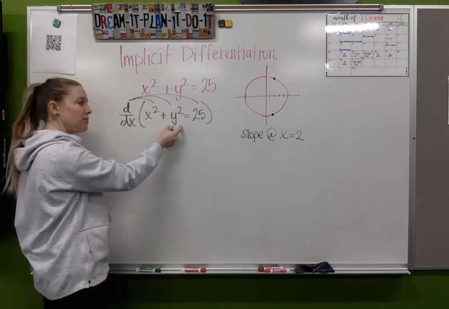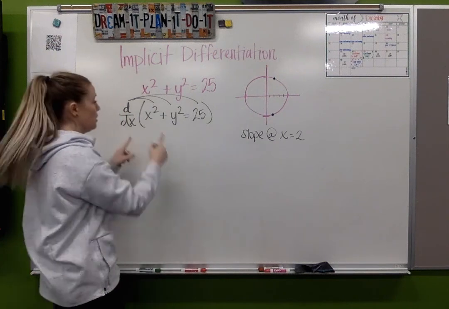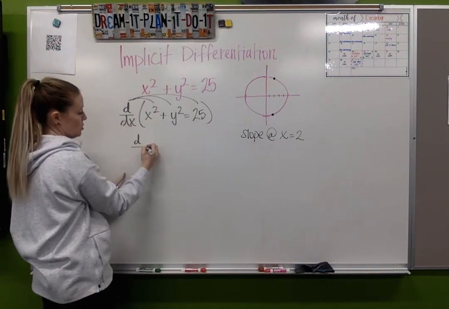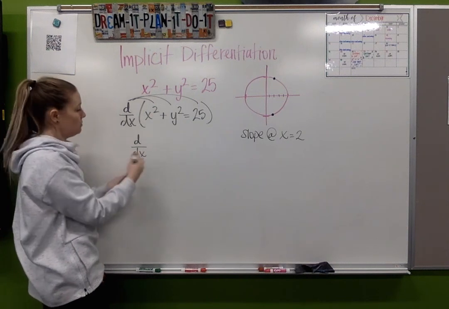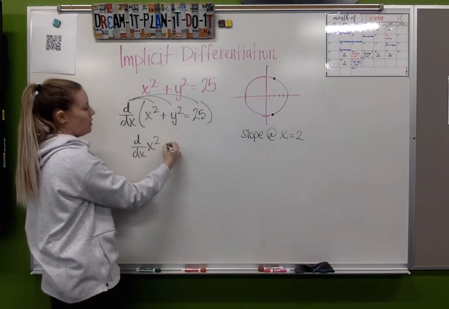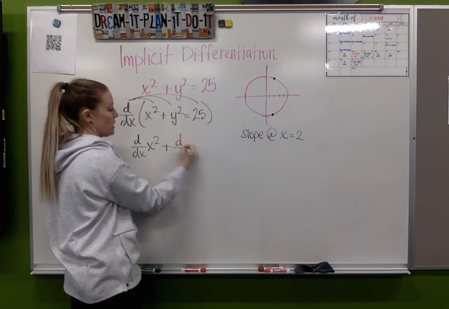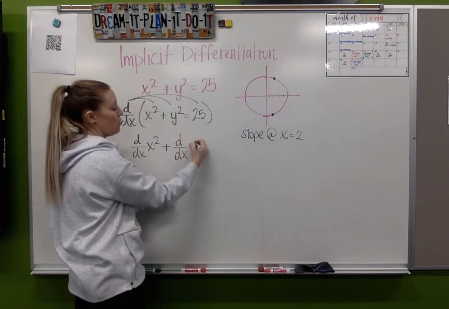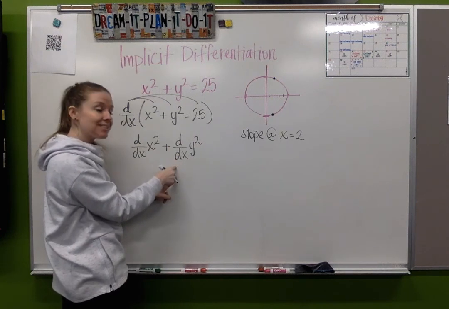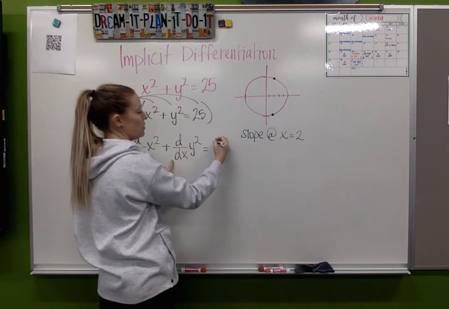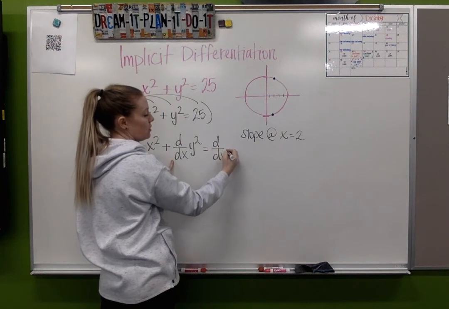We're going to take the derivative piece by piece. So this becomes the d dx of x squared, plus the d dx of y squared, equals d dx of 25.